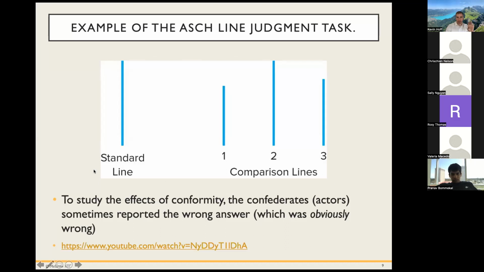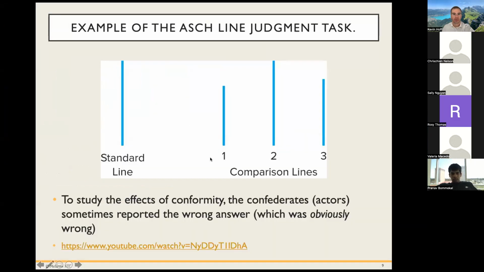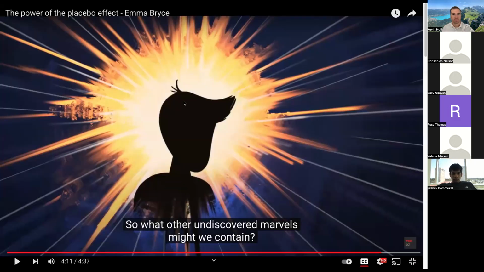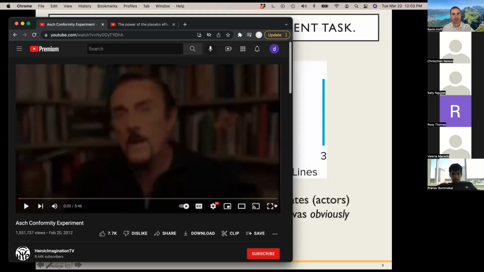And in most cases, there was a super obvious right answer that anyone could see if they had any sort of common sense, but they paid people to also be doing the same task, but to report the wrong answer. And what the researchers were interested in is how likely are people to change their responses to what's obviously the wrong answer, strictly because of conformity. So let's watch this video here.